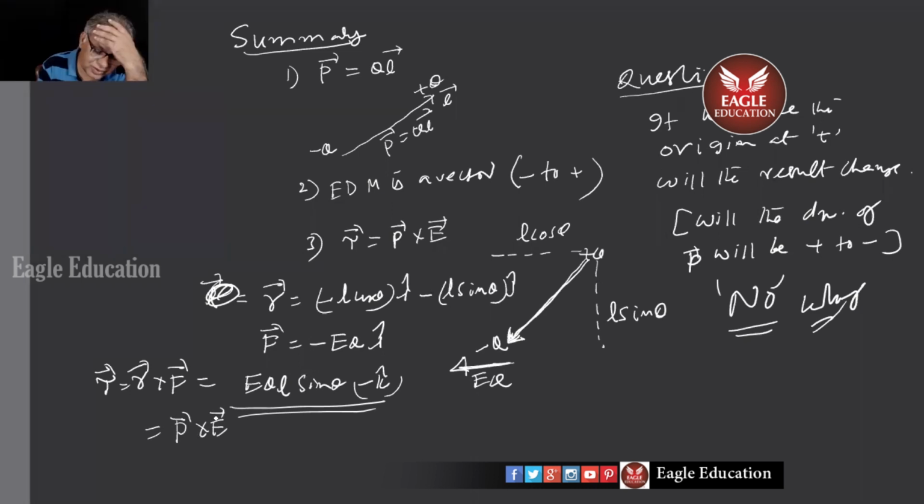I don't know whether you understood this. Here, what is P? The way we wrote it is Q into L, QL only.